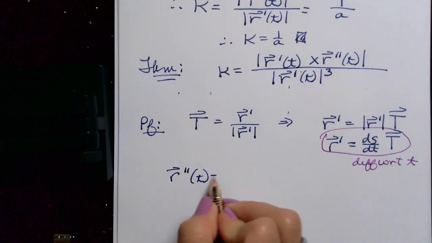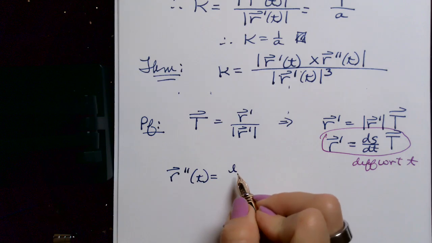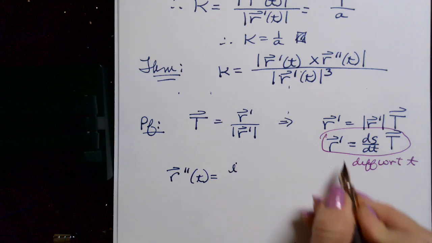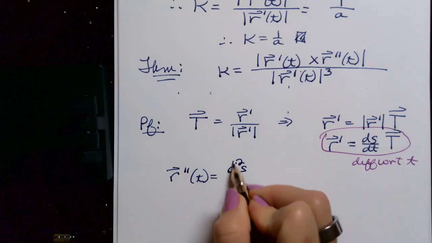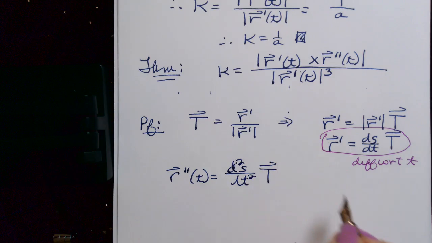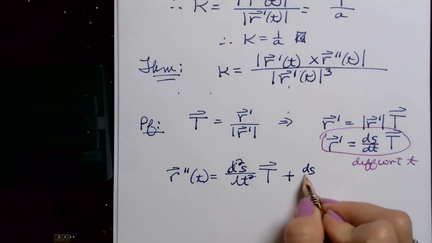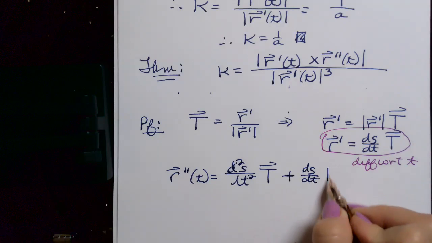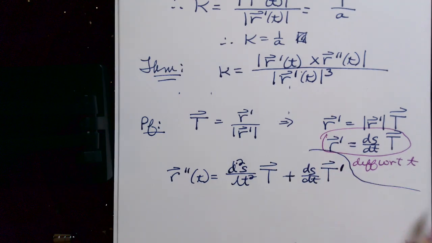R double prime of t is going to be, by the product rule, the derivative of the first, ds dt, with respect to t, so that's d squared s dt squared times T, plus the first times the derivative of the second, which will be capital T prime.